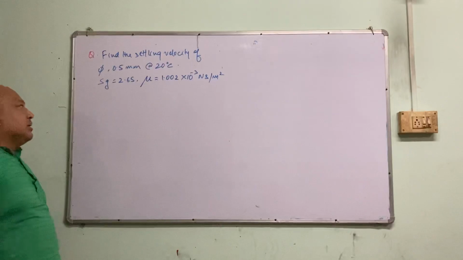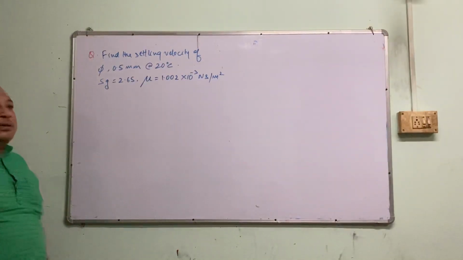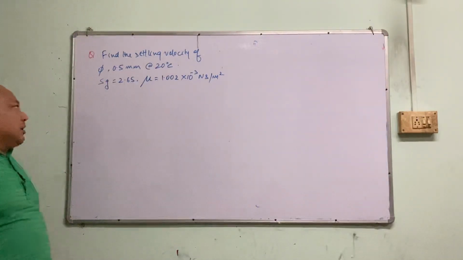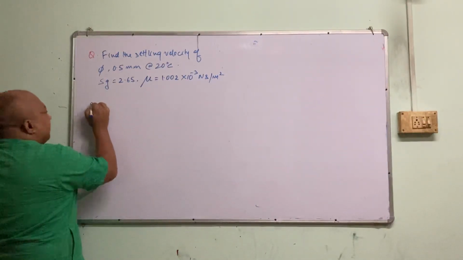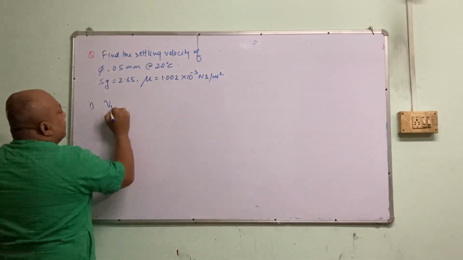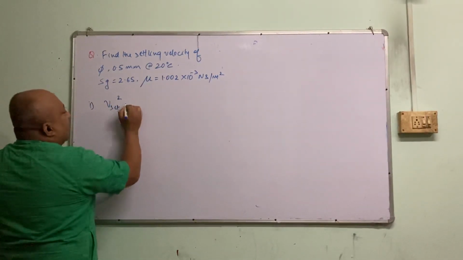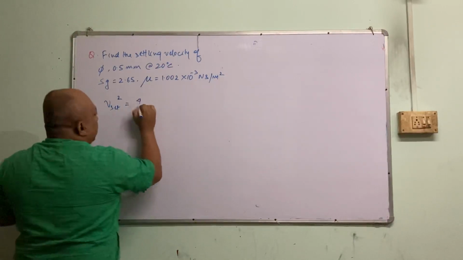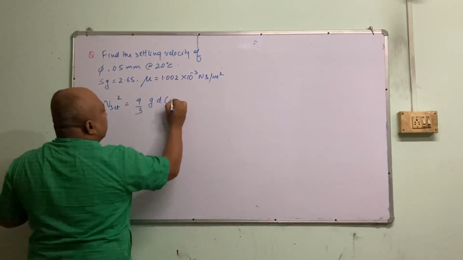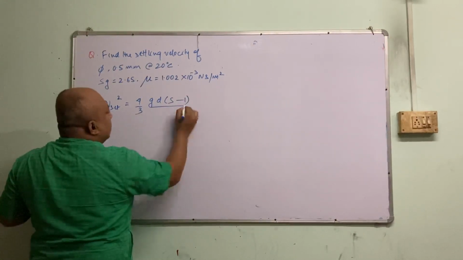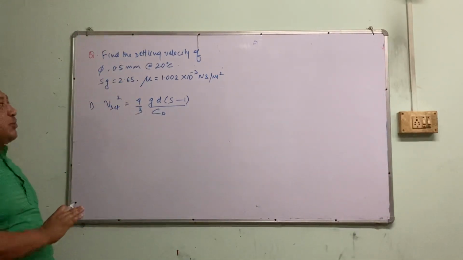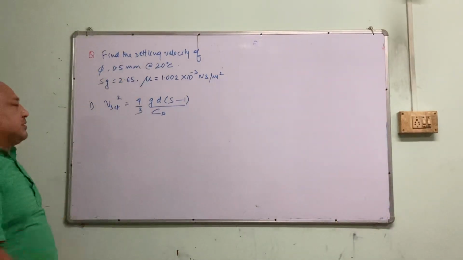Now listen, by using the formula the calculation is very simple, but how to approach, how to start? In settling velocity, number one, the terminal velocity equation is V settling squared equals 4 by 3 g d (S minus 1) divided by CD. This is the terminal velocity equation we derived in the last class.